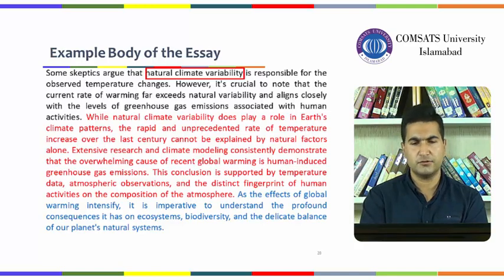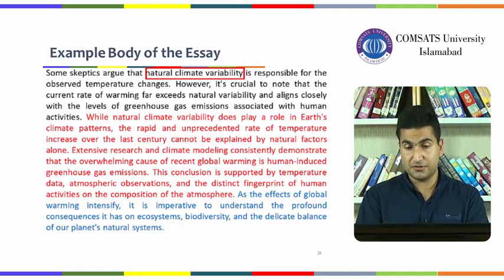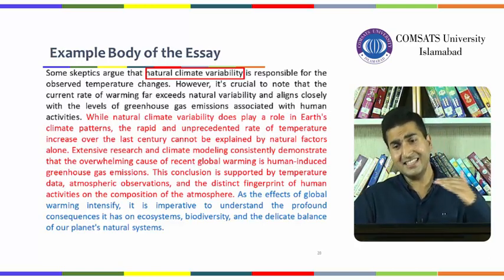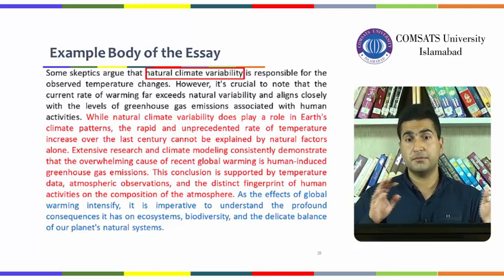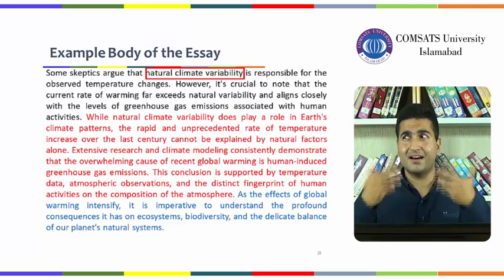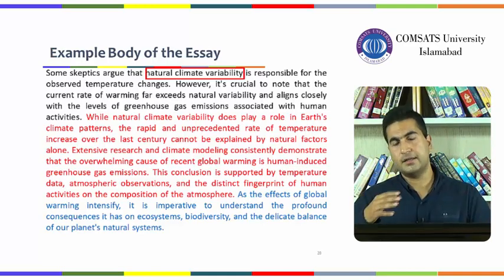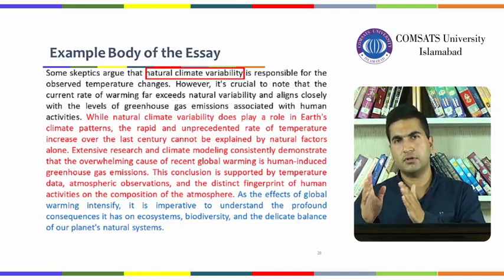So as the effects of global warming intensify, it is imperative to understand the profound consequences it has on the ecosystem, biodiversity and delicate balance of our planet's natural system. This blue one, see the manner in which you are transitioning from the causes and the counter argument towards the consequences, the repercussions and impact of this global warming, and now you're going to talk about them in paragraphs one by one.